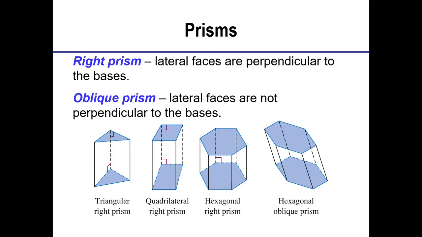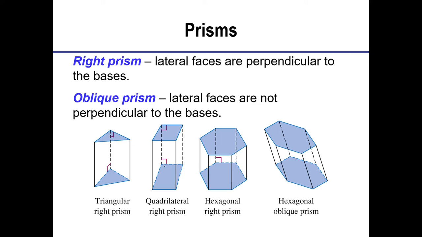As we saw before, this is a triangular prism. It is a right triangular prism because the bases are perpendicular to the sides of the parallelograms. This is a quadrilateral right prism because we have 4 sides for the polygons of the bases, and they're connected by parallel lines.